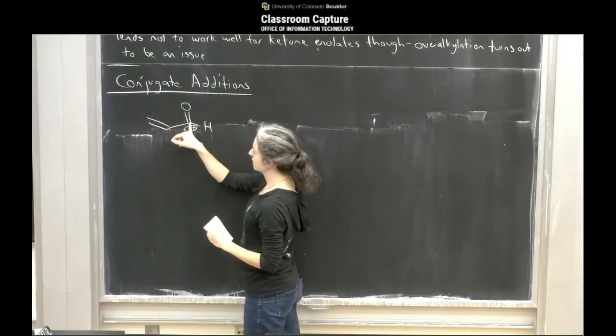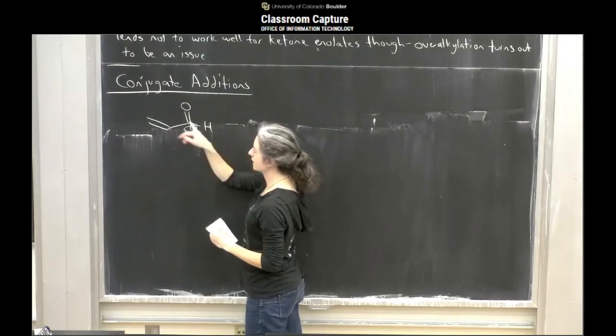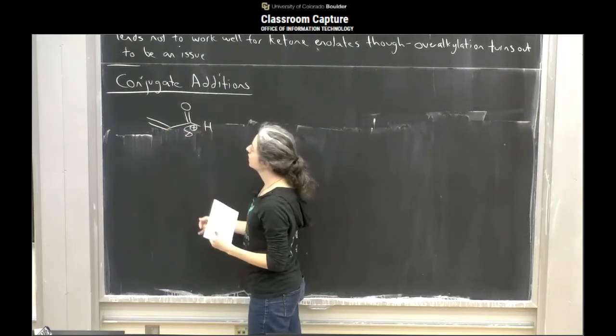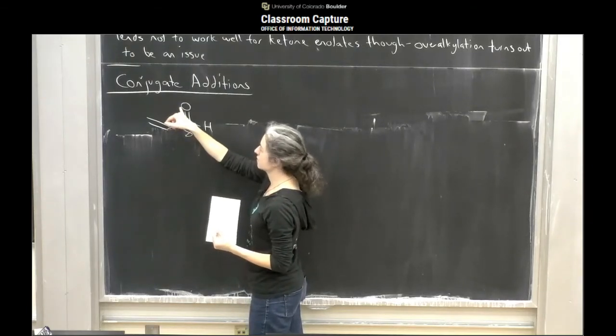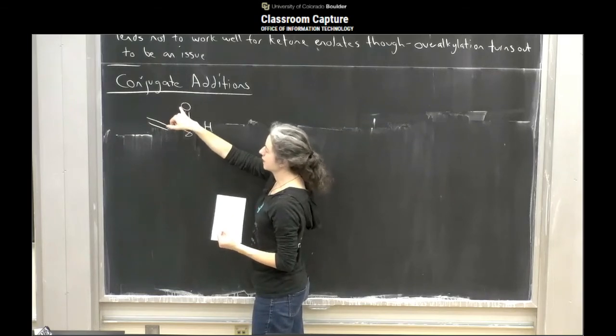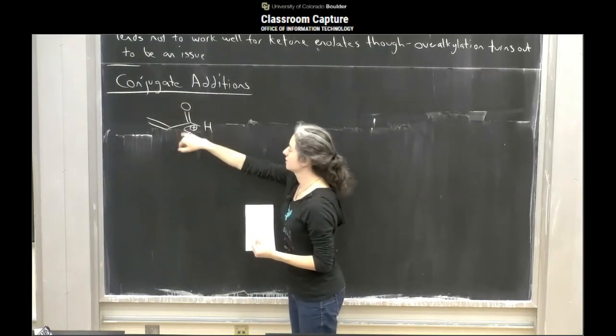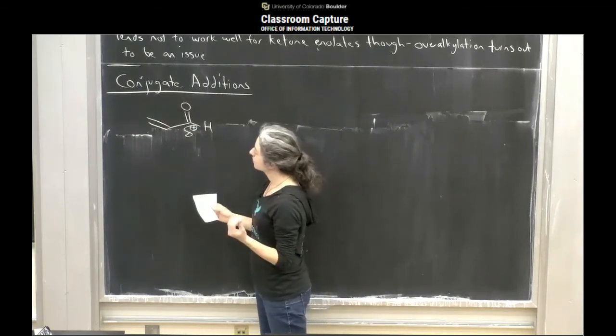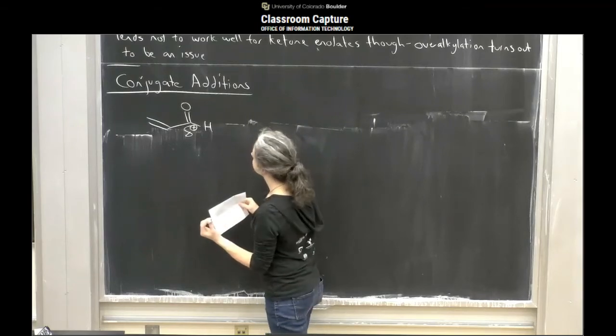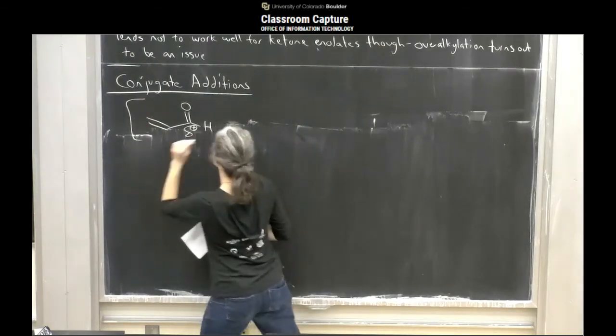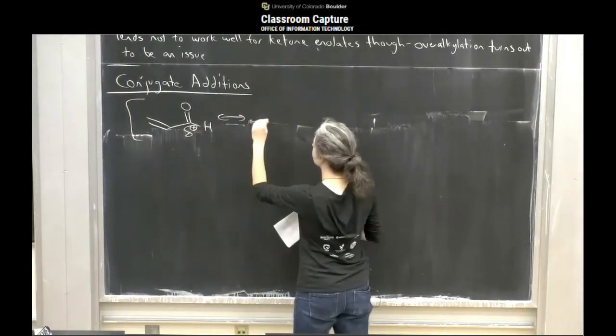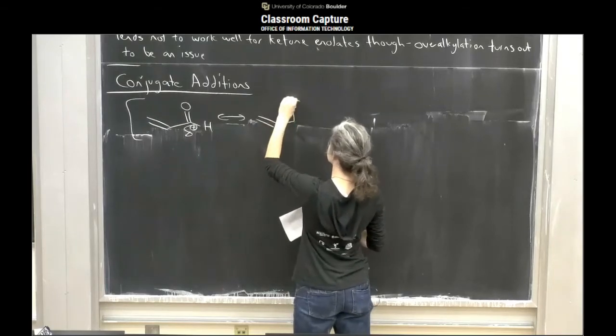Because this carbon is attached to something more electronegative. So you can actually show a resonance form where you have a negative charge on oxygen and a positive on carbon. If you want, we can actually draw that out because that might make this next part easier to see.